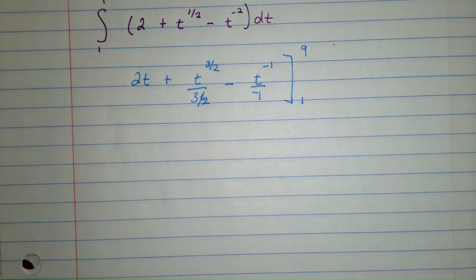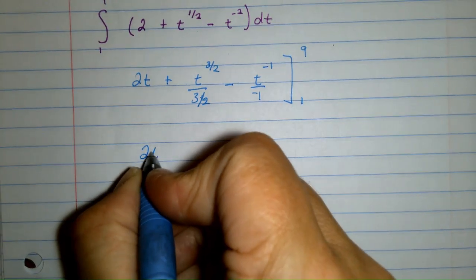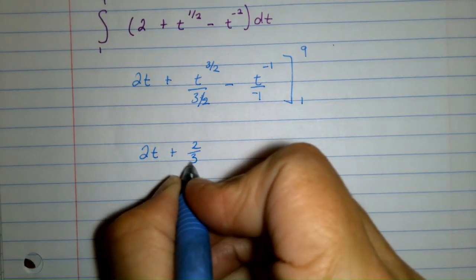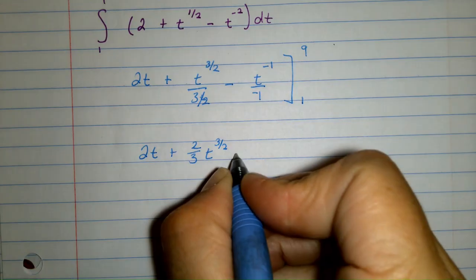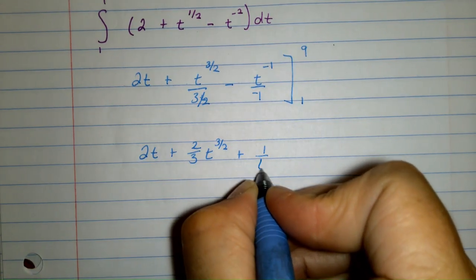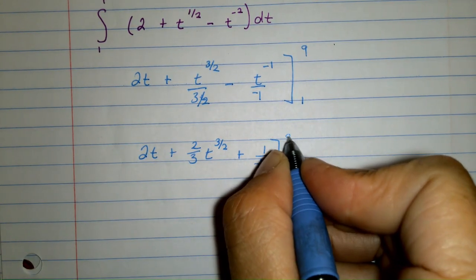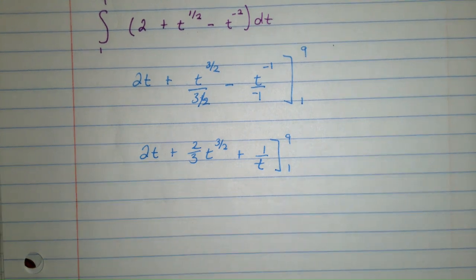Okay, so let's clean that up. 2t plus 2/3 t to the 3/2 plus 1 over t from 9 to 1. Okay.